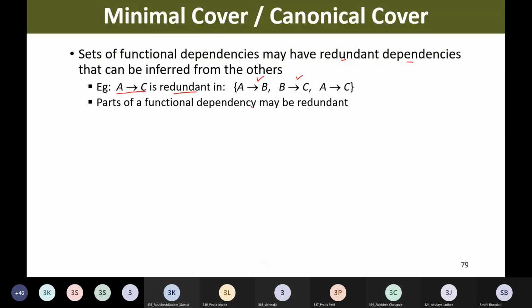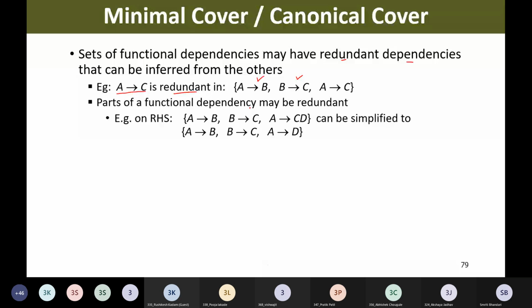What do we mean by this? Let us assume that we have this set of functional dependencies: A to B, B to C, and A to CD. If we look at this last dependency, on the right hand side we have two attributes.